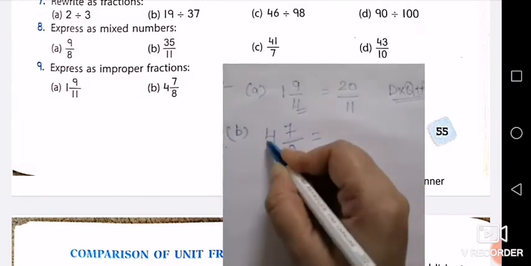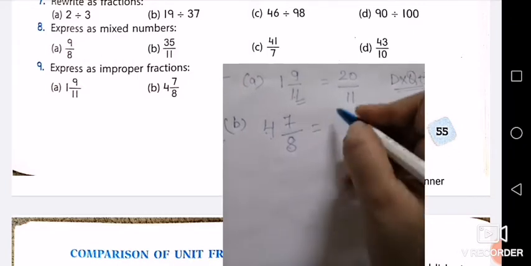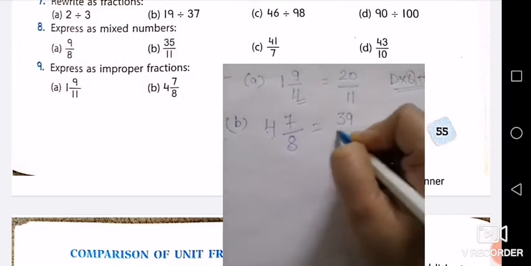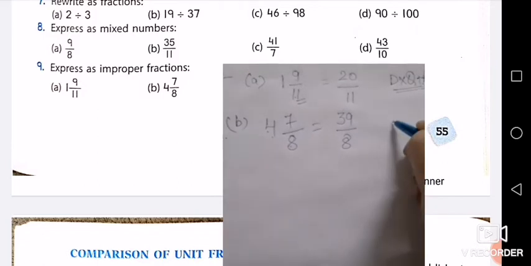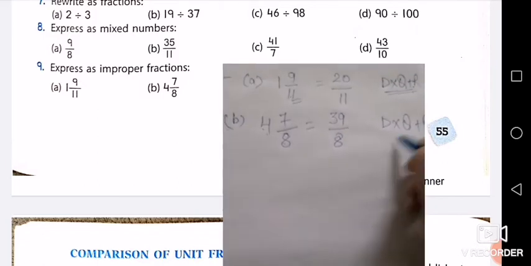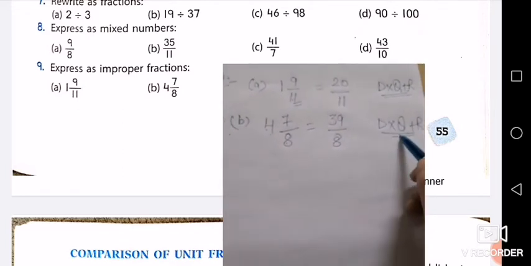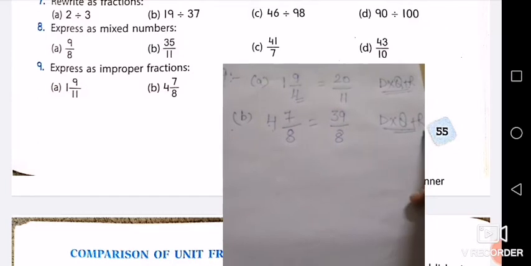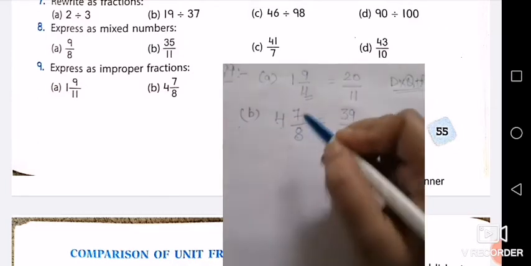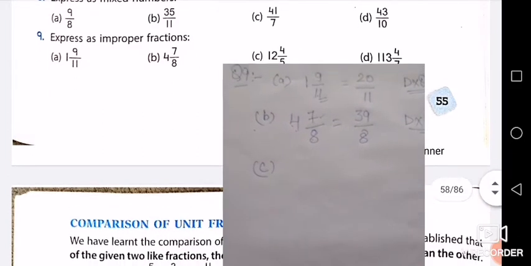Now 8 4s are, what will be? 8 4s are 32 plus 7, that will become 39 by 8. Quite simple. Divisor or denominator will be multiplied by the quotient, which is your whole part, plus whatever remainder is there, that will be added in this.